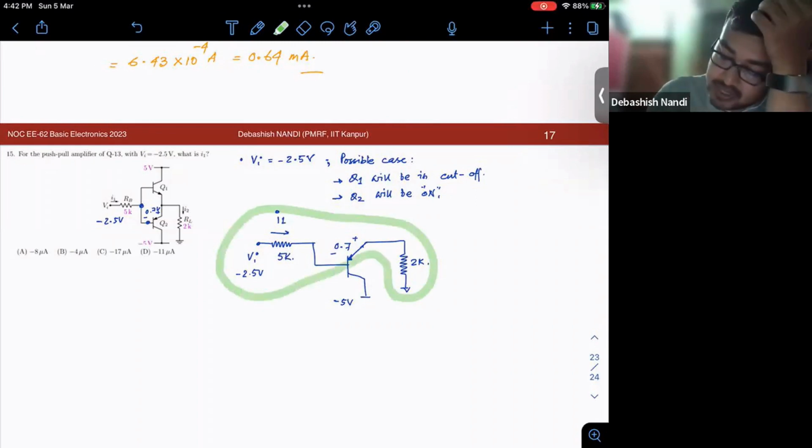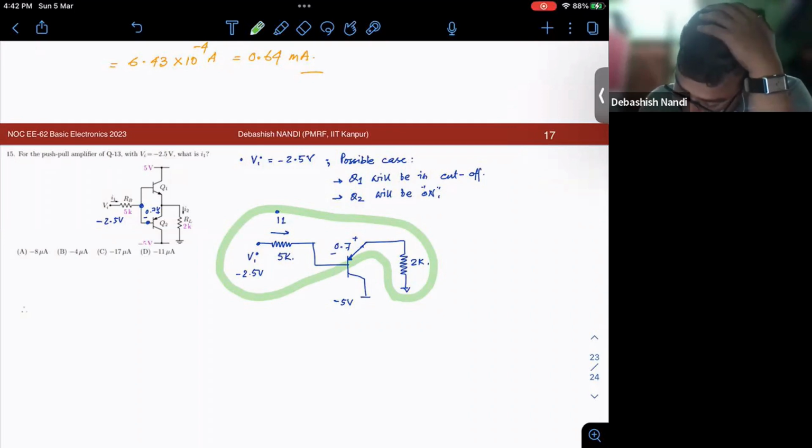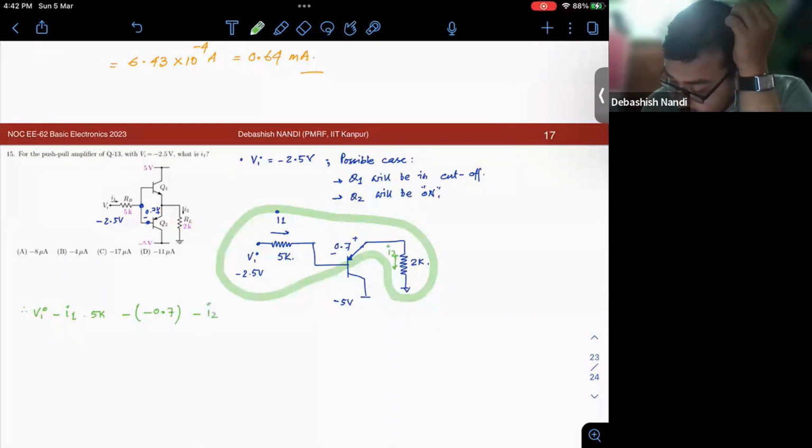If I analyze this loop, then VI minus I1 into 5K minus 0.7 minus I2 into 2K is equal to 0.